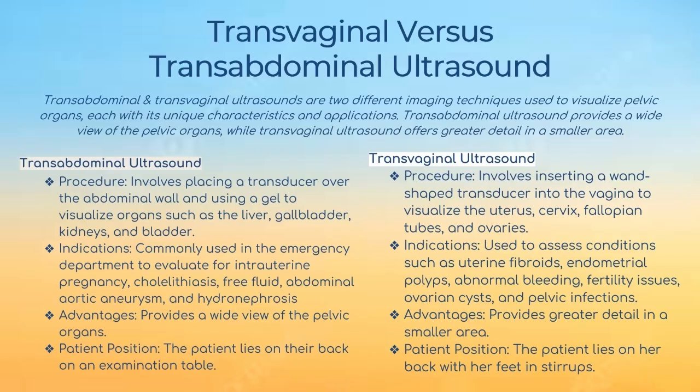Technically, you are going to be closer to these organs because you're within the vaginal canal, in closer proximity. You don't have to go through a bladder to get to the organs. They're right there. For patient position, they lie on their back with their feet in the stirrups. So just minor little differences between the two.